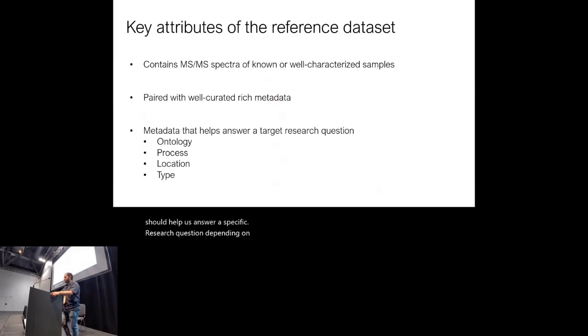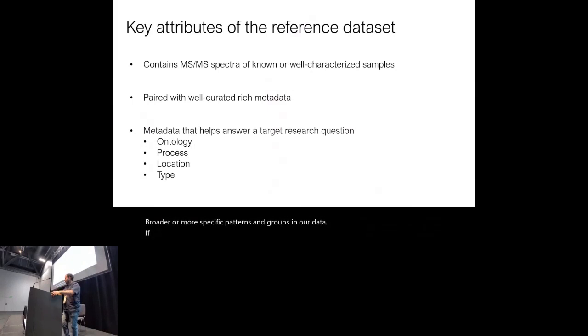Depending on the context, different types of metadata will be important. For example, if we're trying to map dietary patterns, having a foods reference dataset with detailed food ontologies will help us see broader or more specific patterns and groups in our data.